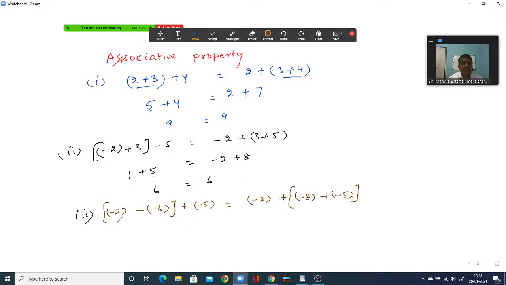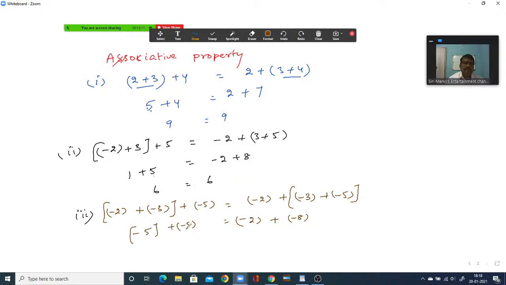Then we make it negative, so we have minus 5. Then plus minus 5. In the same way, we get minus 8.